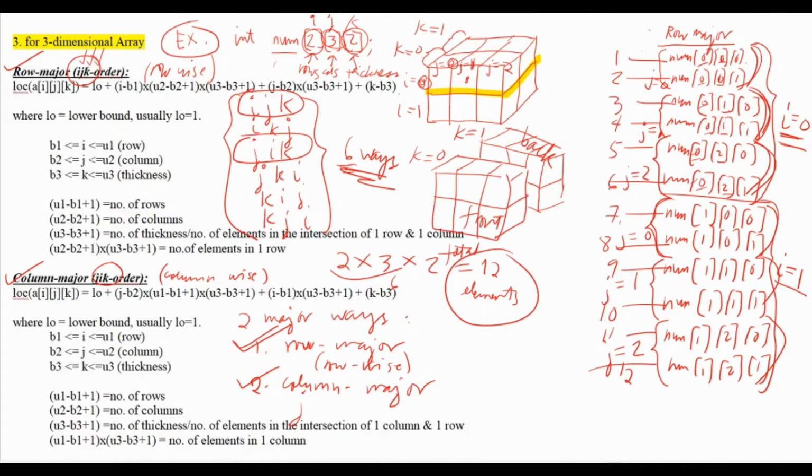For the second half, which are the elements of the second row, the first index is 1, which indicates that it is on the second row. And the first 2 here on the second row is at column 1. So the column index is 0. And the next 2 here are those at the second column with index 1.